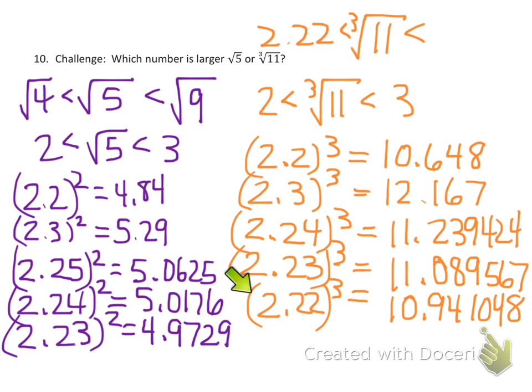Why? Because 2.22 cubed is right here, less than 11. And then the next one that's greater than that, out to the hundredths place, is 2.23. So the cube root of 11 is in that interval.